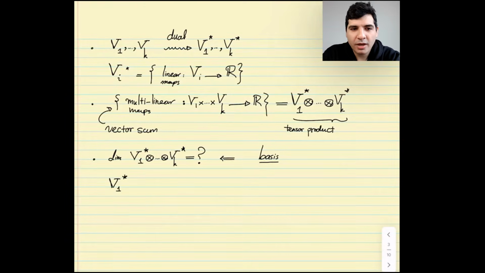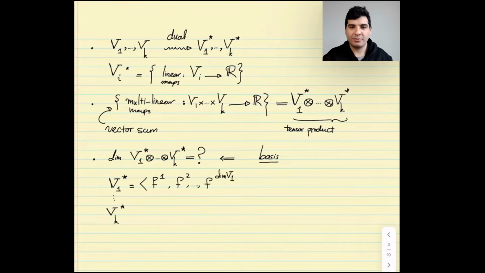So suppose V1 star up to Vk star are finite dimensional vector spaces. Each of them has a finite basis. So let's say V1 star is generated by the following basis. Let's denote F1, F2, up to F with superscript the dimension of V1. There are dim V1 many vectors generating V1 star.